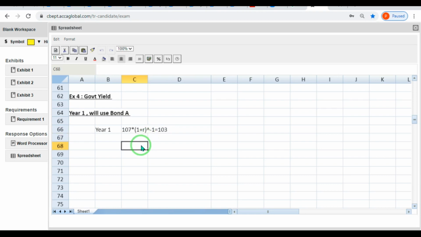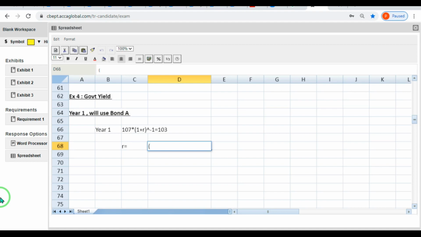So therefore, r will be equals to, I'm just going to type for you so that you can see what's going to happen. Yeah, in exam, you can straight away put equals to and type inside there. Okay, so equals to, the figure that I'm going to show will be 103. But remember, this is power of -1.